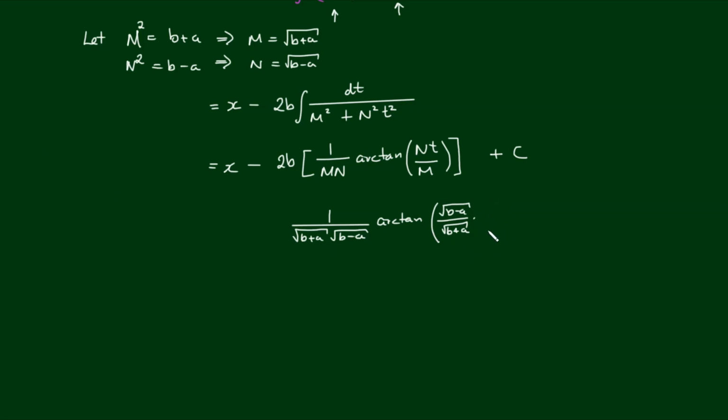So now remember, t is equal to the tangent of x on 2. To simplify a little bit further, the square roots can be combined.